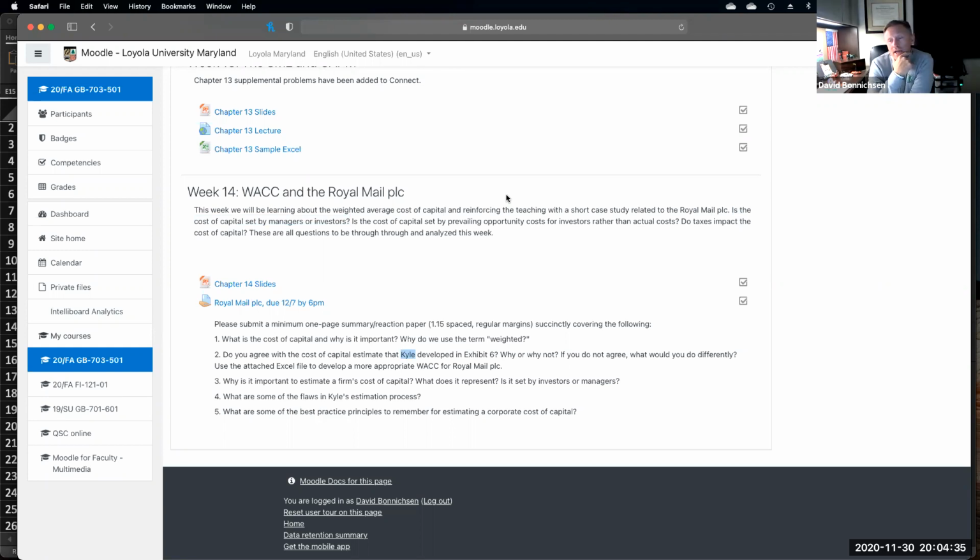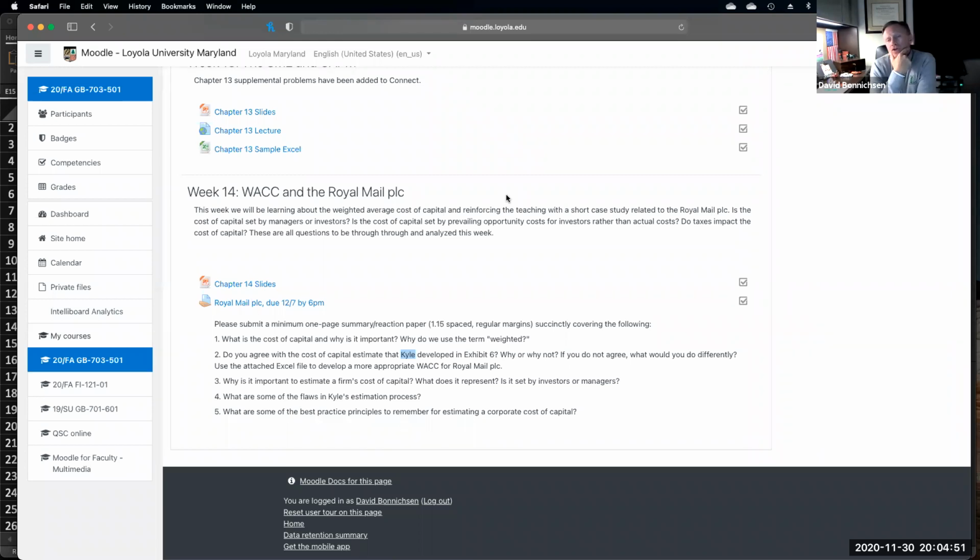And he goes through and runs his analysis, using his own methods for determining the cost of equity and his own methods for determining the cost of debt.